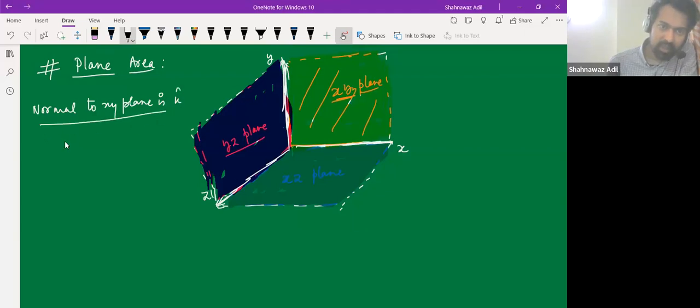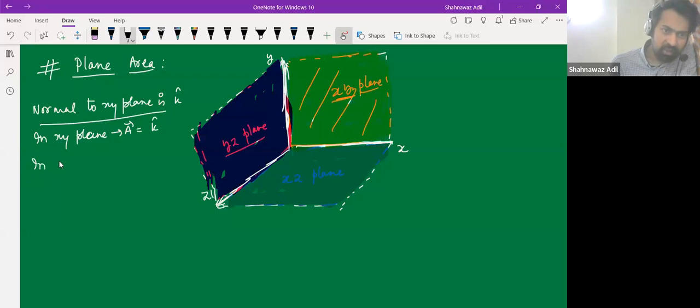So in XY plane, area vector direction is k hat.